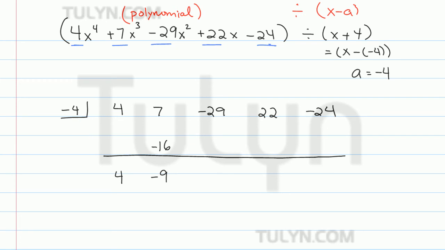And the next step is to basically do the same thing, except now instead of using the 4, we're going to use the negative 9. So we want to multiply negative 4 and negative 9 and write it down in the next spot under the negative 29. So we get positive 36, and then when you add that to negative 29, we get positive 7, right?